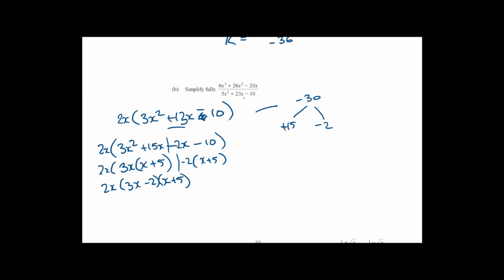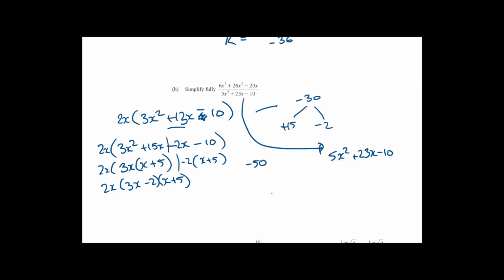And now let's do the denominator down here. So 5x squared plus 23x minus 10. Okay, can we simplify anymore? No, 23 is a prime number. So 5 times negative 10 is negative 50.